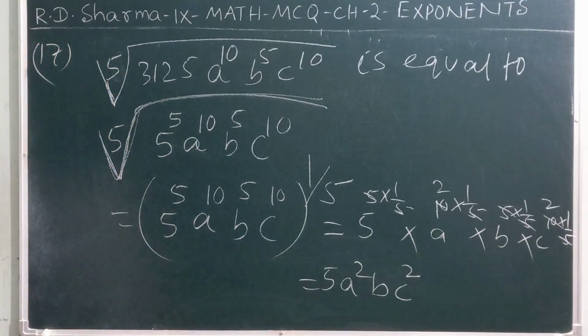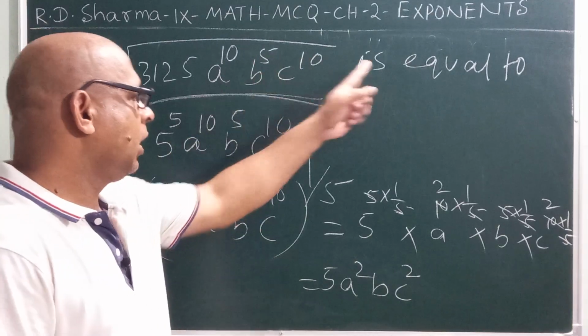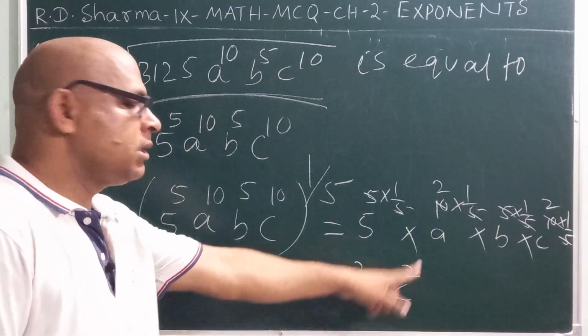That's the answer: 5 a squared b c squared.